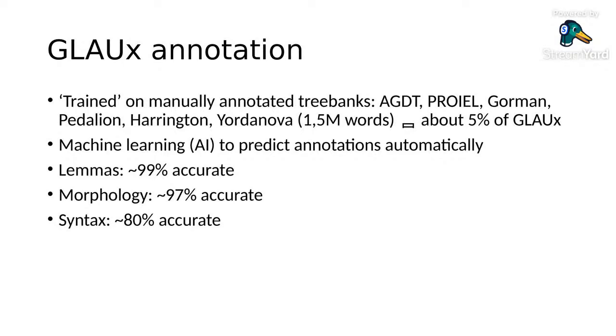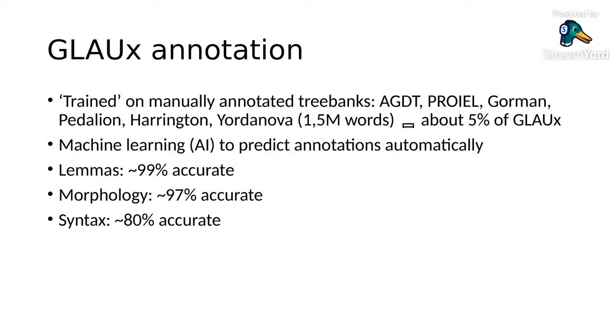I will keep this presentation rather brief, but as I said, it's automatically annotated. How does this work? First I collected all the manually annotated treebanks that are available: the big projects that Marja talked about, the Ancient Greek Dependency Treebank, PROIEL, the Bible annotation, and lots more out there. We also did a little of our own in Leuven.